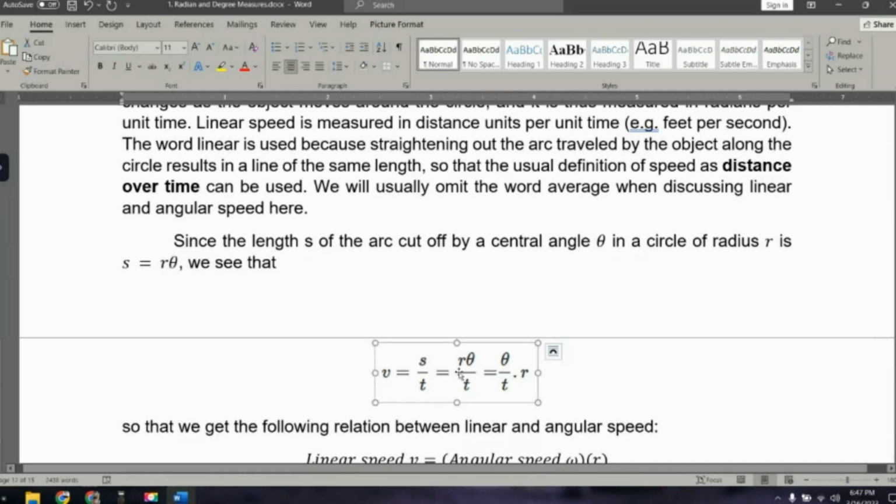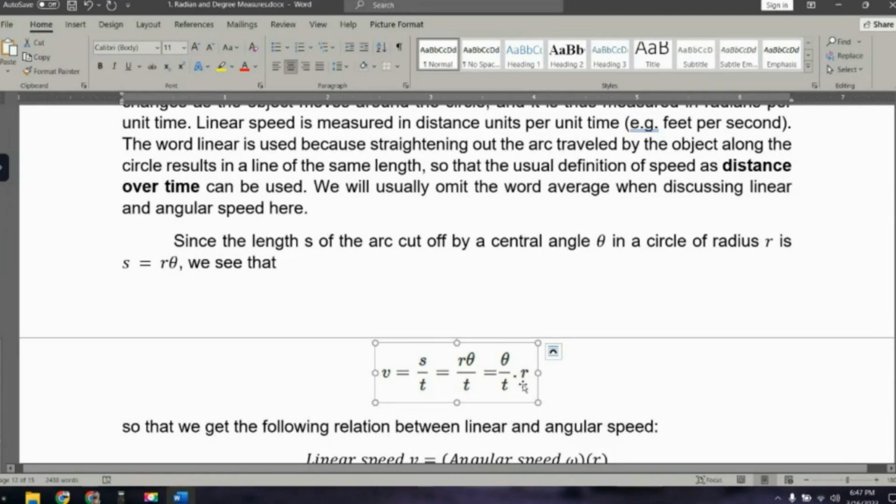Again, we just replace S here with its definition, r times theta. Okay, so we have, once again, r theta over time. So that gives us theta over time times r. Theta over unit time times r.